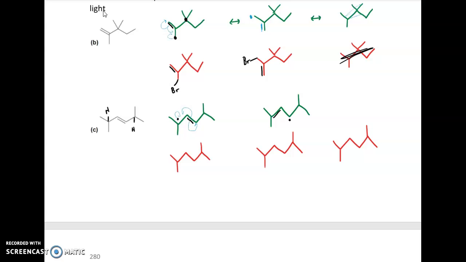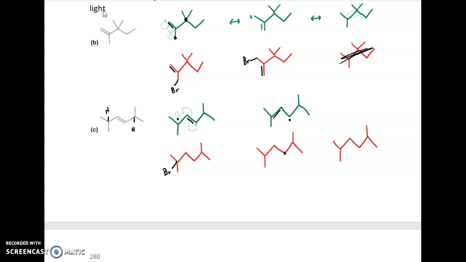Now I want to put a bromine at each position where I have a free radical. So on the figures below, I've got the products, and so we'll have a bromine at this position, and we'll have a bromine coming off of this carbon.